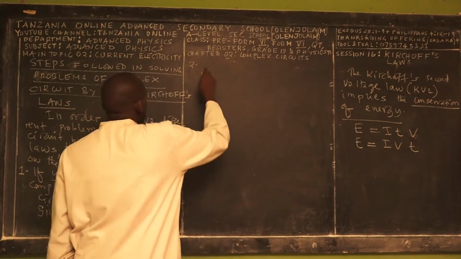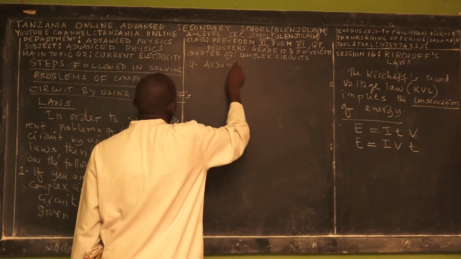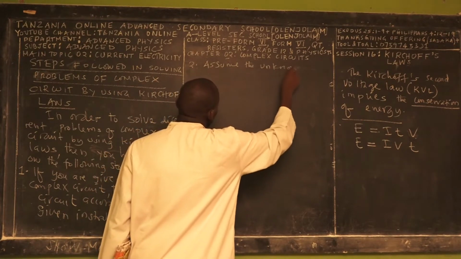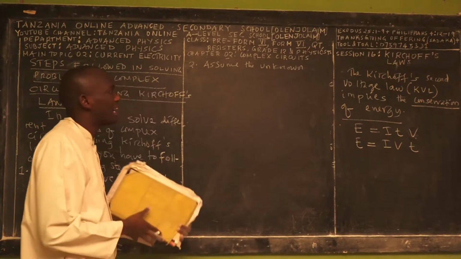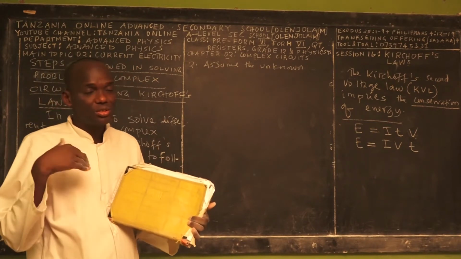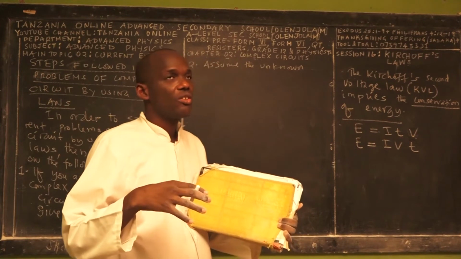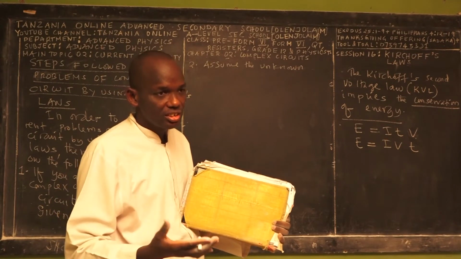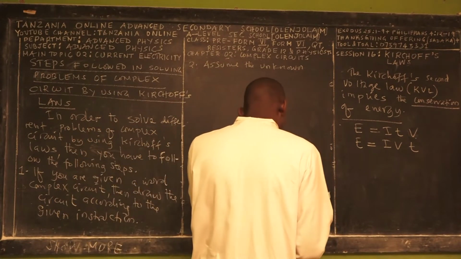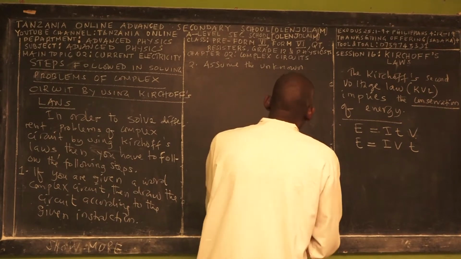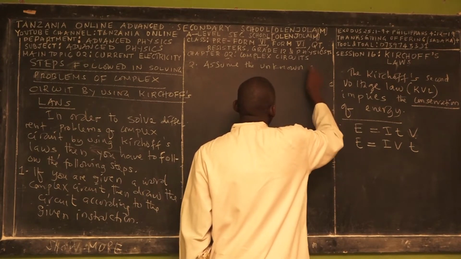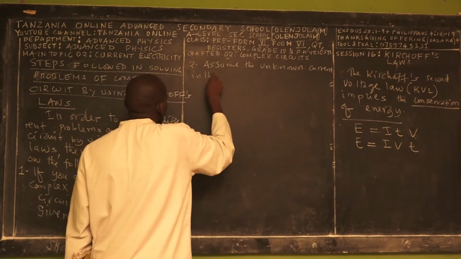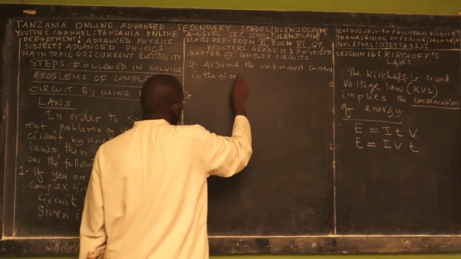The second step: assume the unknown currents. If you are given a circuit which does not contain the direction of current, then you have to assume the unknown currents in the given circuit.